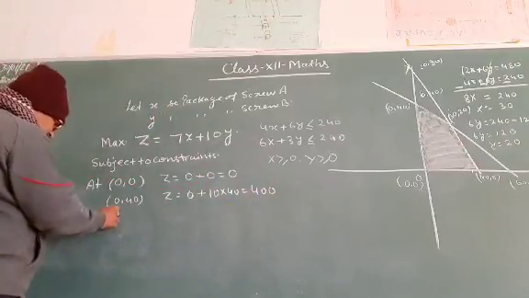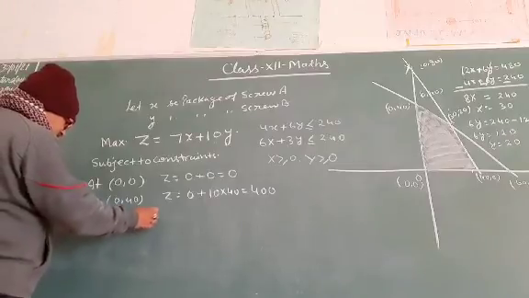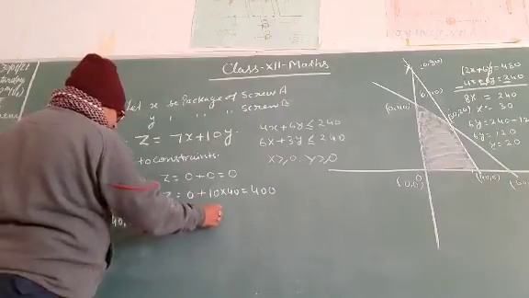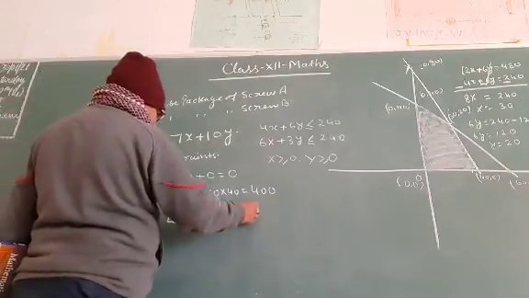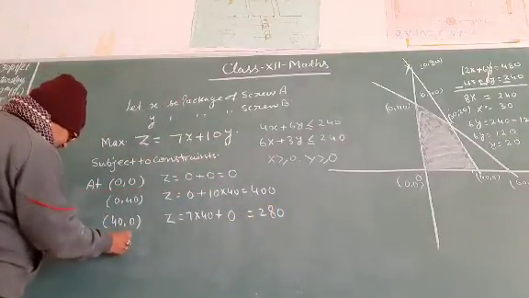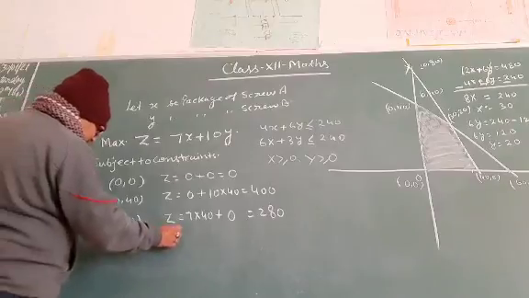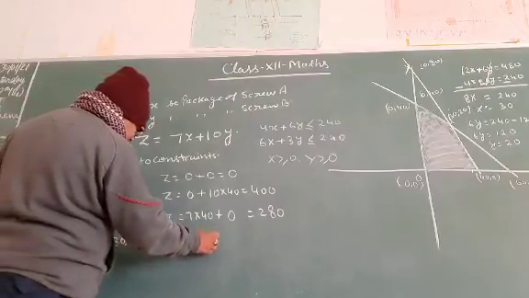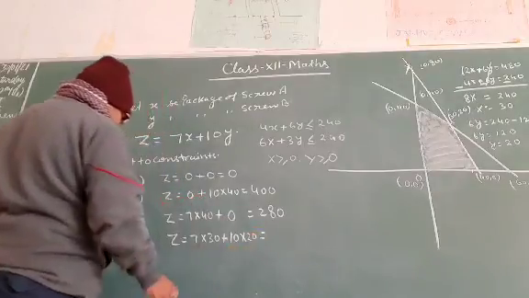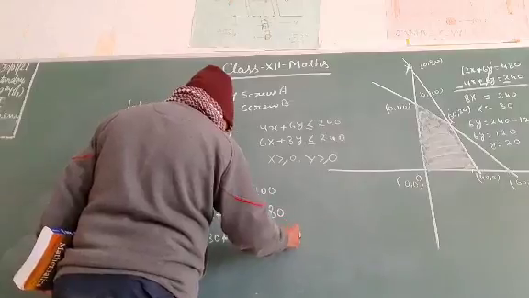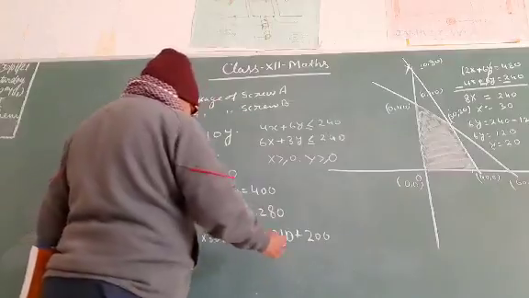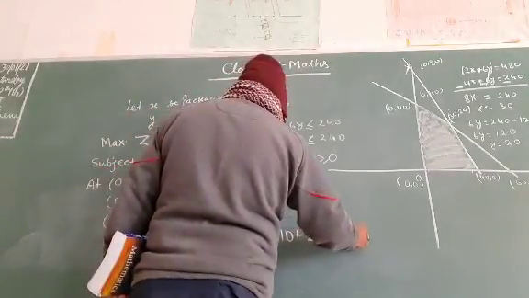At 40, 0, z equals 7 into 40, equal to 280. And at 30, 20, z equals 7 into 30 plus 10 into 20, that is 210 plus 200, equal to 410.